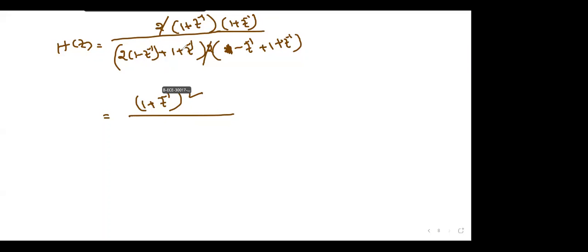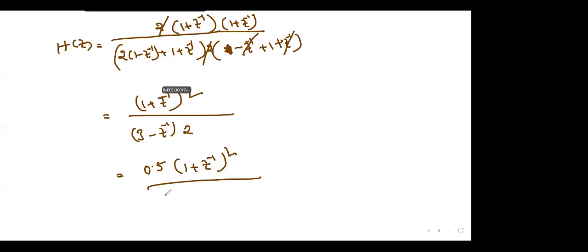So 2 minus 2 z inverse plus z inverse, you will get minus z inverse. So 2 plus 1, 3 minus z inverse, first term. In the second term z inverse cancels, so it will give you 2 into 2. So this is equal to 0.5 (1 plus z inverse) whole square divided by (3 minus z inverse).